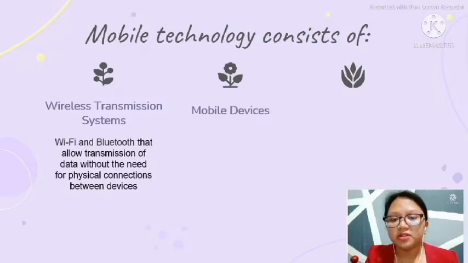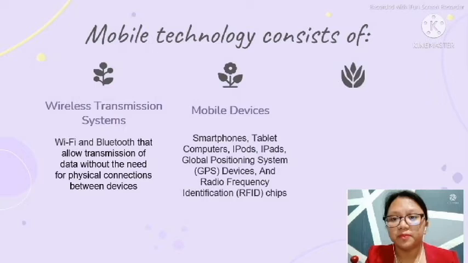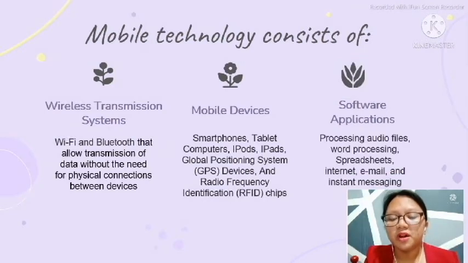Mobile devices such as smartphones, tablet computers, iPods, iPads, global positioning system or GPS devices, and radio frequency identification or RFID chips. Next is software applications related to processing audio files, word processing, spreadsheets, internet, email, and instant messaging.